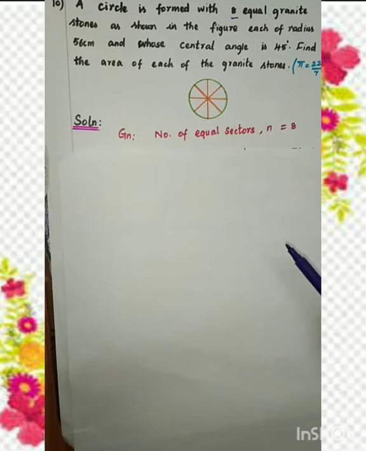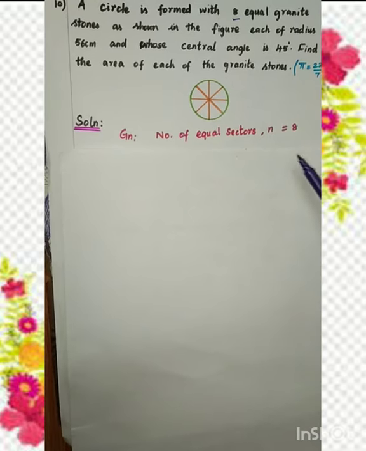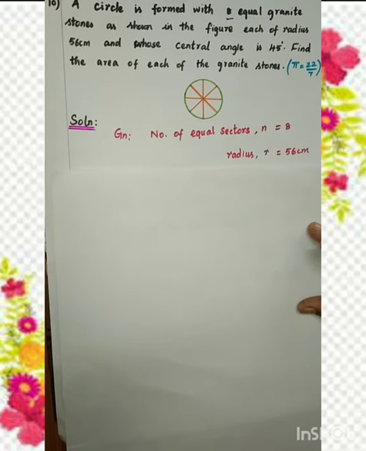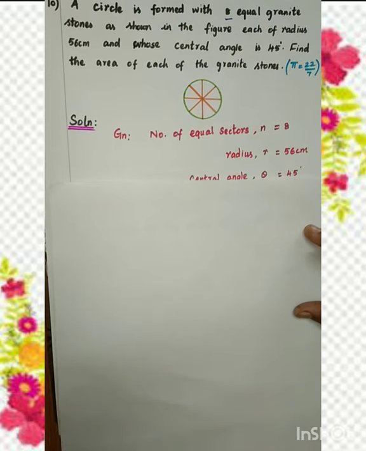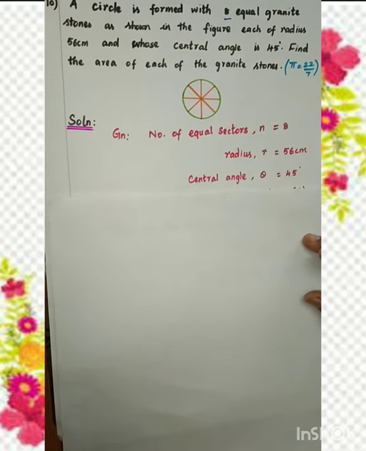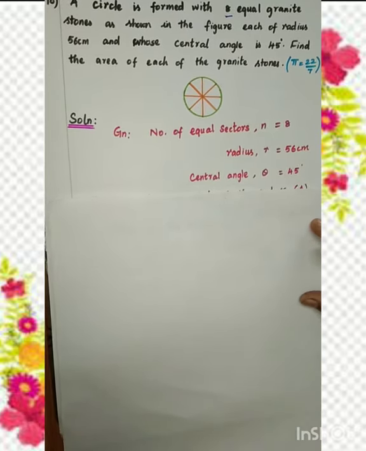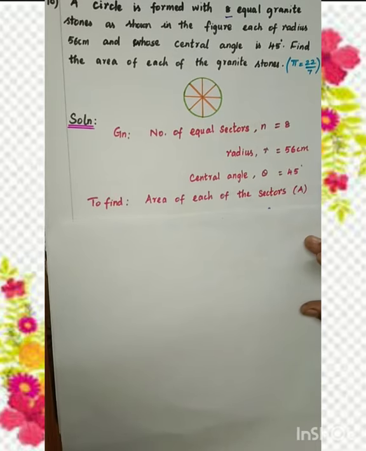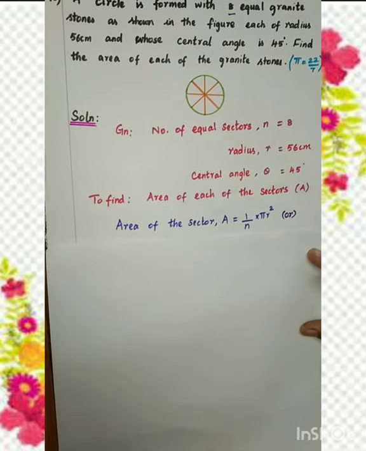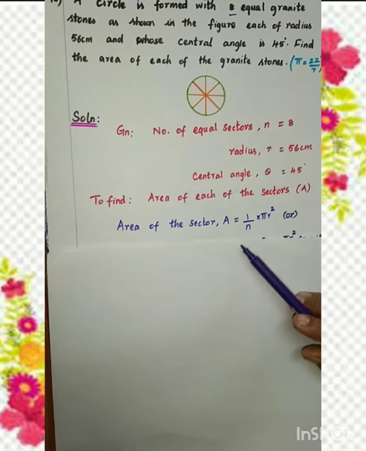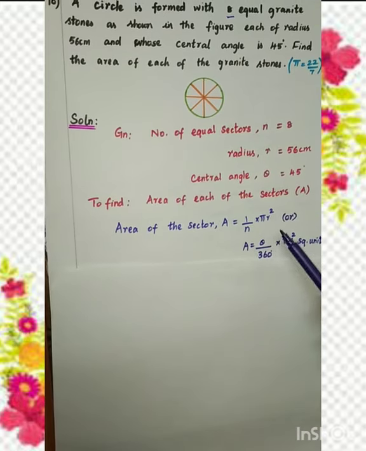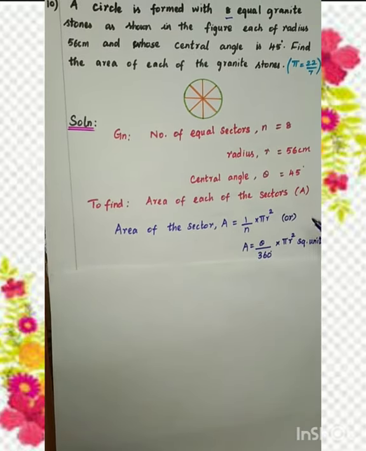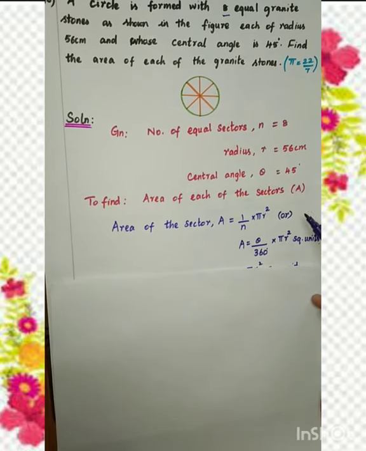So given number of equal sectors, that is n value is 8, and radius is 56 centimeter and the central angle theta is 45 degree. We are going to find out area of each of the sector. Then the formula for area of each of the sector is 1 by n into pi r square. We can apply two formulas for this question.